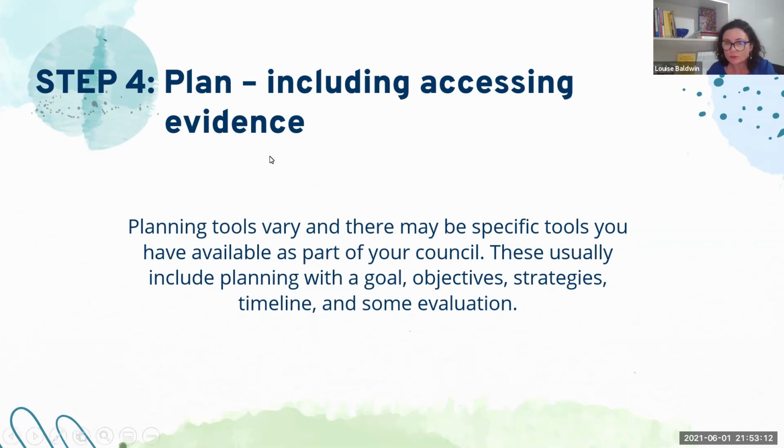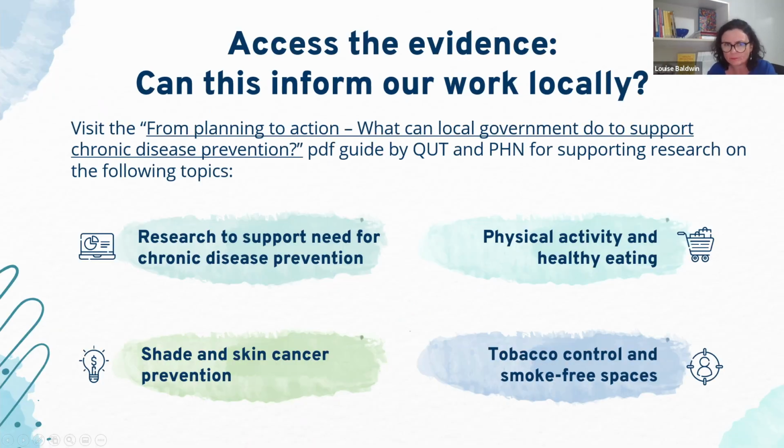Accessing the evidence is really important. Looking around to identify what's working in other communities and know that you can adapt that locally is a really great way of starting to develop your strategies. How can this work? Well, in the document that we talked about, and you'll have access to this through the North Queensland Primary Health Network, we do actually have a number of resources and links to supporting research on these following topics.